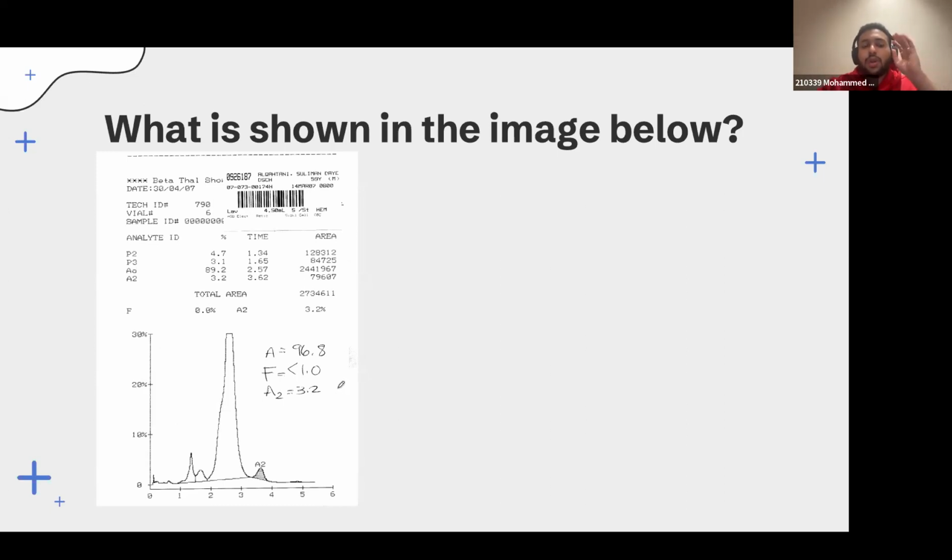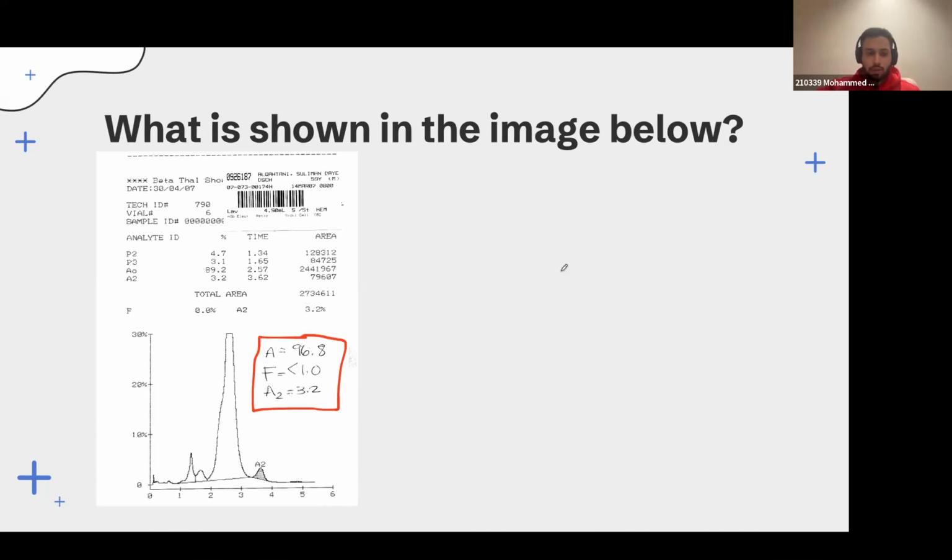Now, why would you want to do electrophoresis? For what group of diseases? Hemoglobinopathy is perfect. So this includes thalassemias and sickle cell. Now, looking at this electrophoresis, is this normal or abnormal?